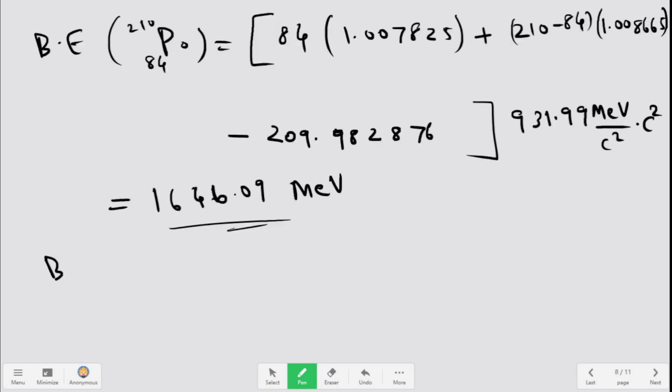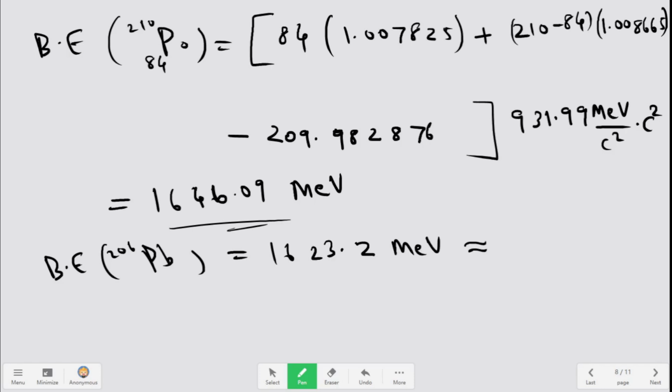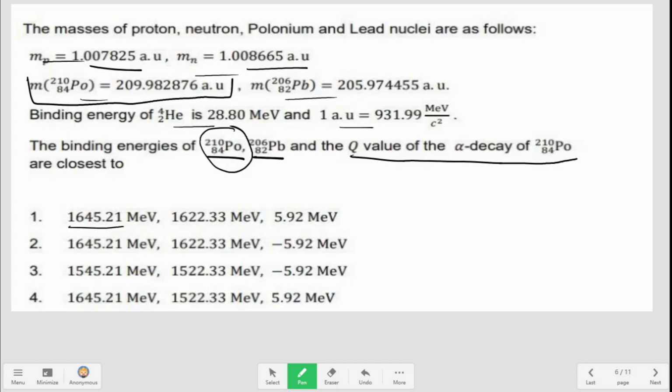Now similarly we can calculate binding energy of lead-206. If you calculate this, you will find that it will be equal to 1623.2 MeV, which is approximately 1622.33 MeV, which is given in the options. So 1622.33 MeV is correct.